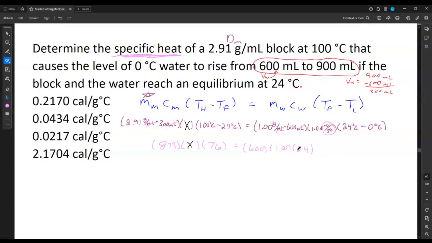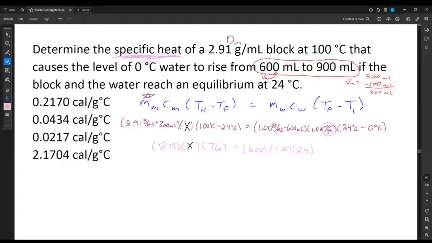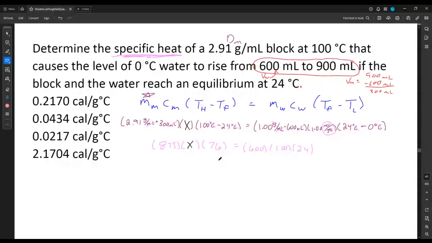Okay, I'm not worried about significant digits or anything here because these answer choices are clearly fairly far apart. I just want to work down and find the value. We've even already decided what the units need to be. So let's continue chugging along. The right-hand side is probably easier. So if we do that first, we'll have 600 times 1, which is just 600, and then times 24 is going to be 14,400.